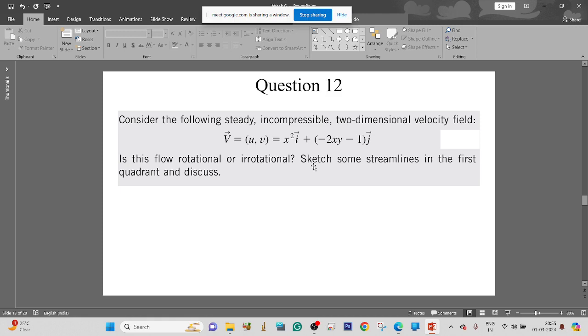Tell me that. It is rotational. Yeah, it is rotational.